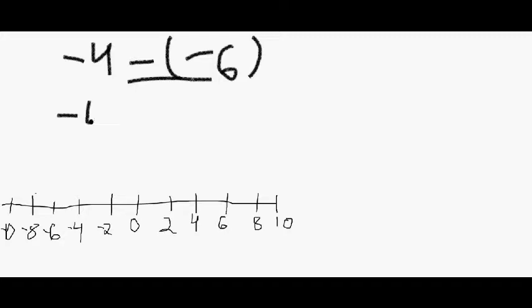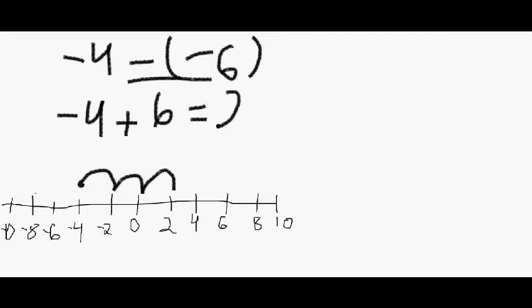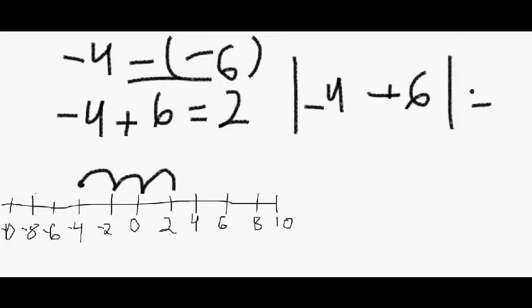Since these are both negatives, this becomes negative 4 plus 6. We start at negative 4 and we add 6. 2, 4, 6. That becomes a positive 2. Or we can take the absolute value of 4 minus 6, which is 2, and take the sign of the larger. 4 is not larger. 6 is larger, and 6 is a plus. So this is plus 2.